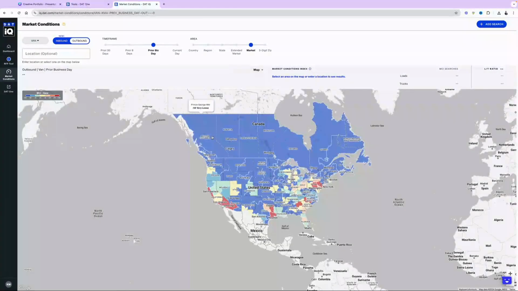We already talked about volatile spot market rates and changing freight trends. If you haven't watched those videos, please go back and watch them. While we will dive deeper into market conditions in upcoming videos, remember that this tool helps you navigate the complexities of the freight market by providing a comprehensive view of the factors that influence your operations.